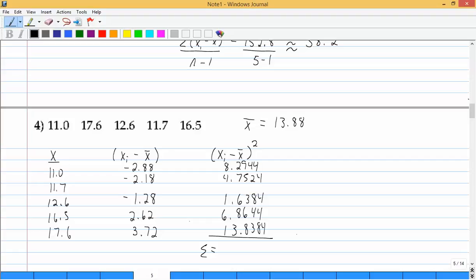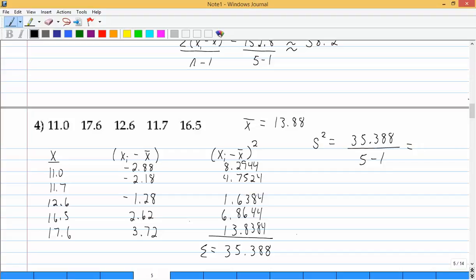Is that what you got? Alright, so that is the numerator of my sample variance formula. 35.388, that divided by the number of data items minus 1. We had 5 data items, so 5 minus 1. So we're going to divide that by 4.